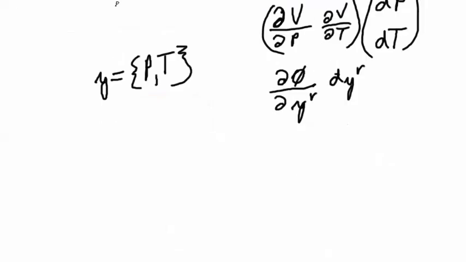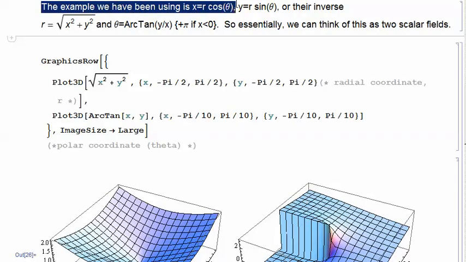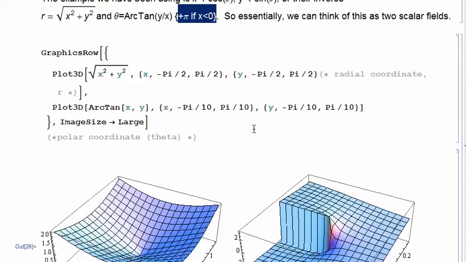For instance, the example we have been using up to this point is x equals r cosine theta and y equals r sine theta, or their inverse, r equals square root of x squared plus y squared, and theta equals arctangent of y over x, plus pi if x is less than 0. So essentially we can think of this as two scalar fields.